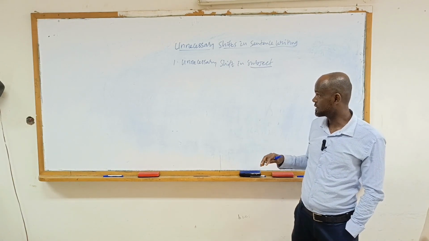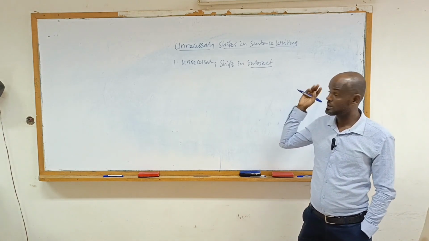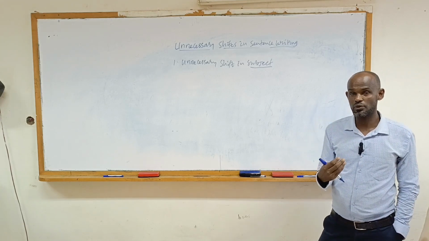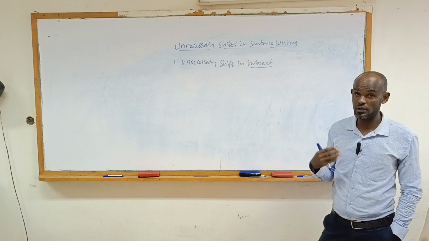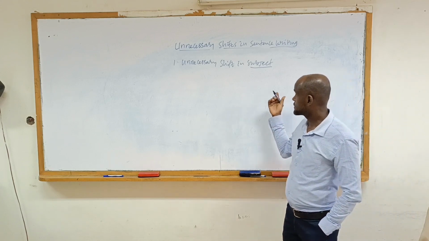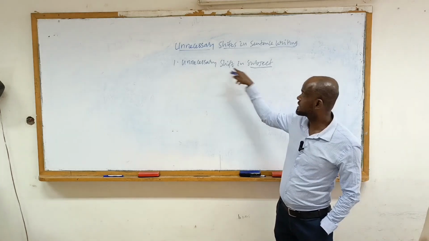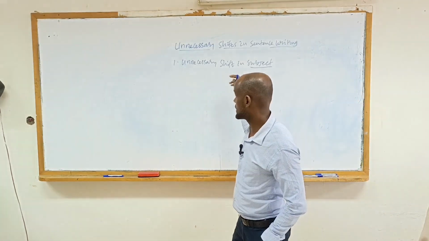We'll see with example anyhow. But since we're talking about the effective writing, we need to still consider the issues that need to be considered so that we can make our writing effective. So that's why we're saying that avoid unnecessary shift in subject. So the first one is unnecessary shift in subject.